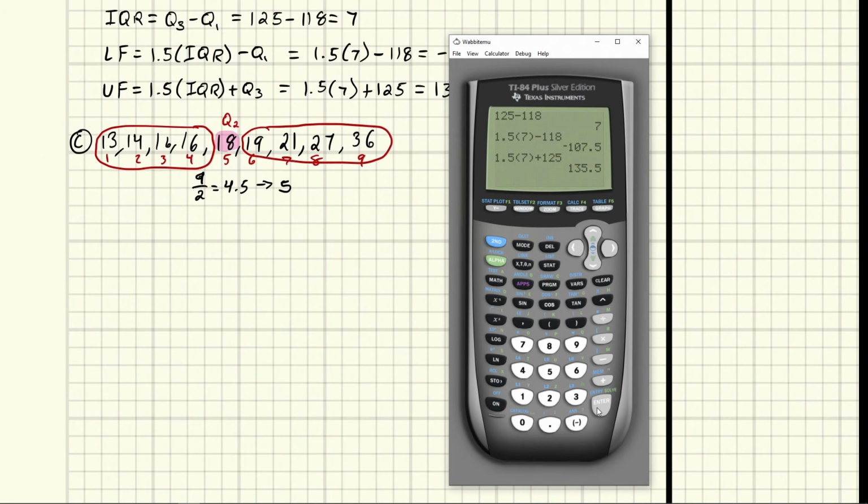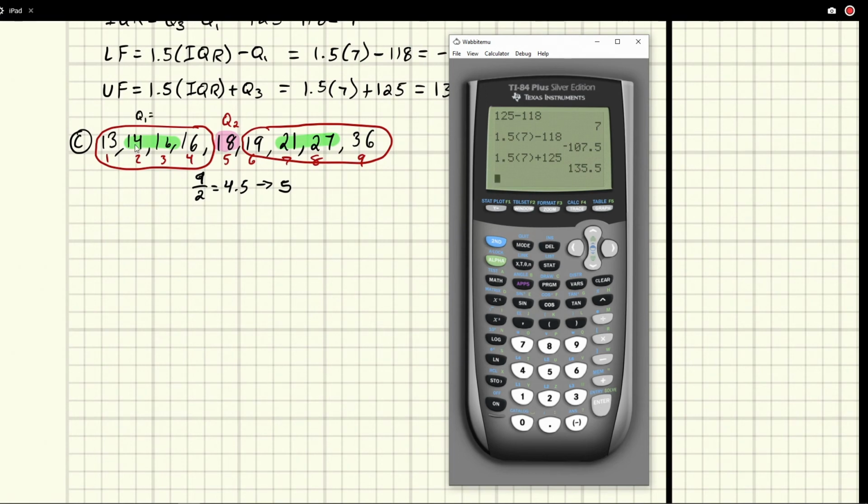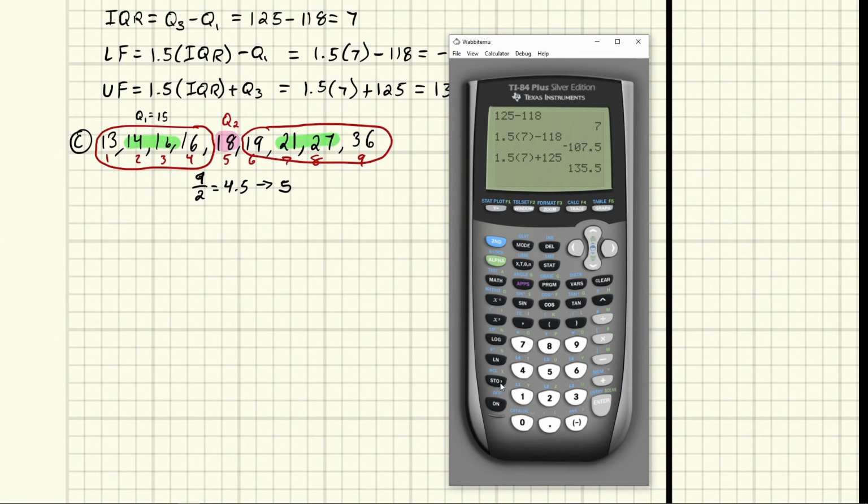So we need to find the middle of these. Since there are 4 numbers, and 4 divided by 2 is 2, that means we have to take the second number and the third number, add them together, and divide by 2. In other words, we have to average these, and we have to average these. So this will give us a quartile 1 of 15, because 14, 15, 16, so the middle is 15. If you don't believe me, you can use the midpoint formula, 14 plus 16, and then divide by 2.